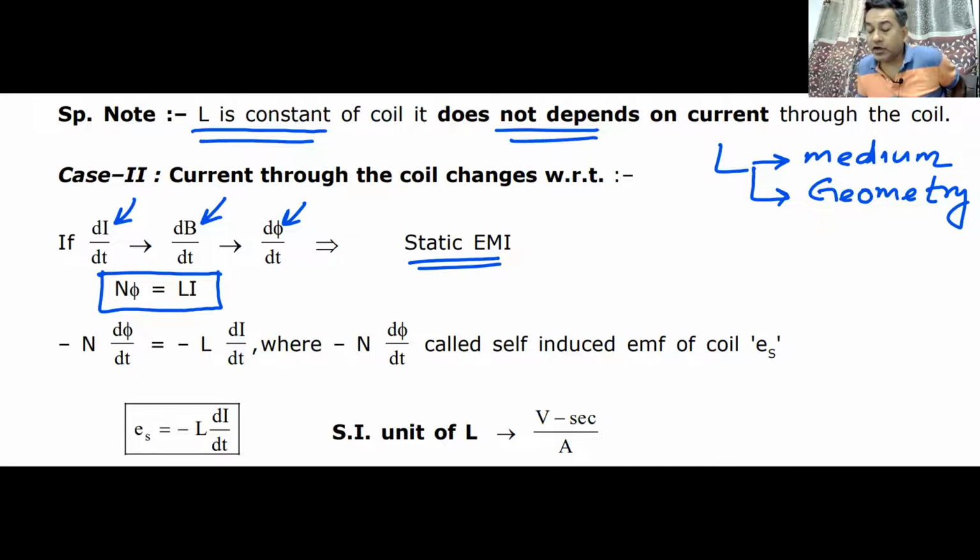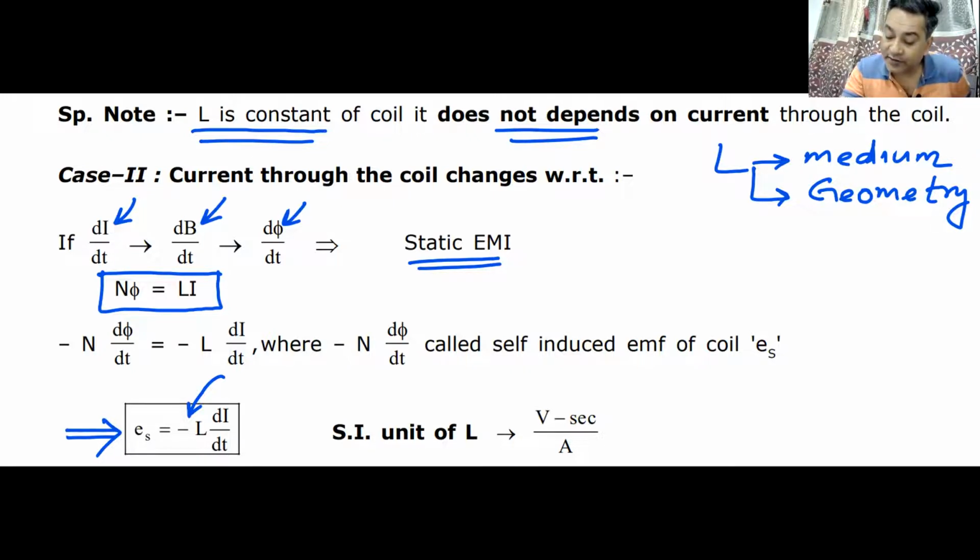Now, when flux changes with time, EMF will be induced in the coil, and you can write the induced EMF as minus L di by dt, minus sign coming from Lenz's law. It indicates that the induced current or induced EMF will oppose this rate of change of current.